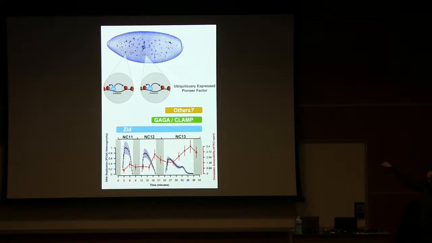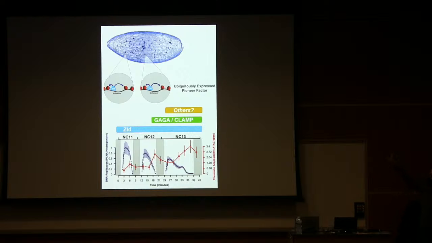So Zelda is present equally as much at this end of the embryo as it is over here, as are all of these other factors. And so we can imagine that that initial state of chromatin structure is homogeneous or shared by all of the nuclei in this embryo.